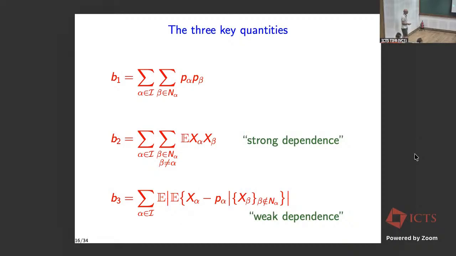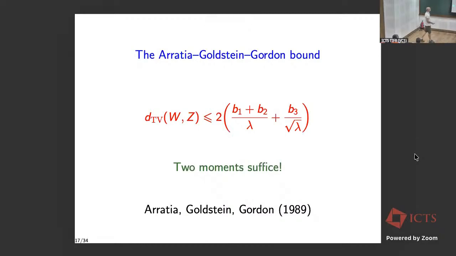So you're measuring the effect of what's outside your strong dependence neighborhood on X alpha. That's what you're measuring here. And importantly, the absolute value is outside of this. So you hope that if this influence is weak, this is close to that, so this condition doesn't have much influence. You're close to 0. So these are the 3 terms.